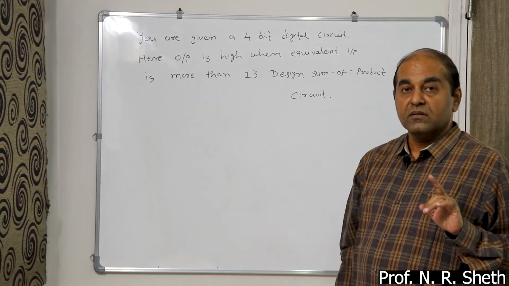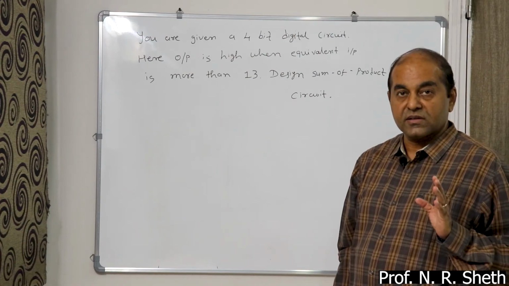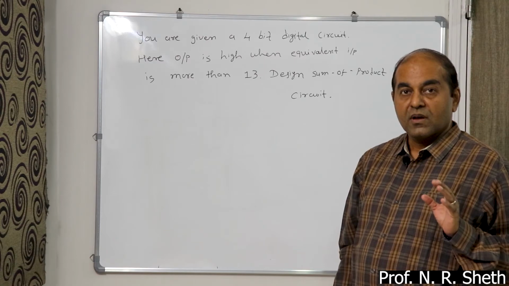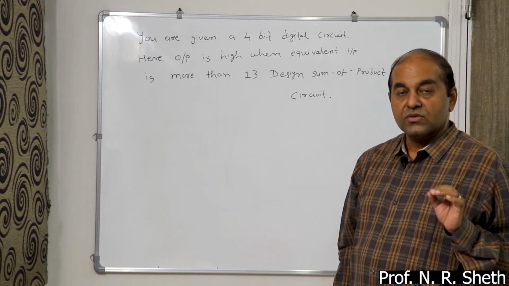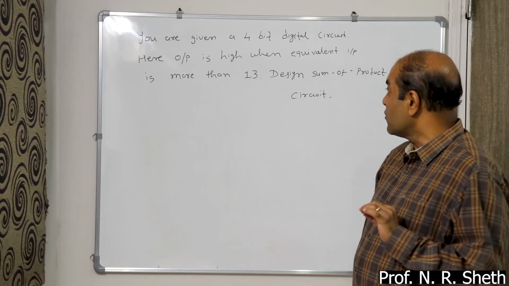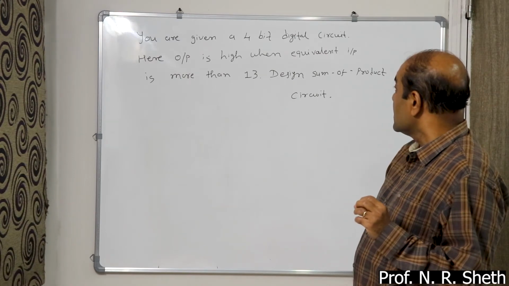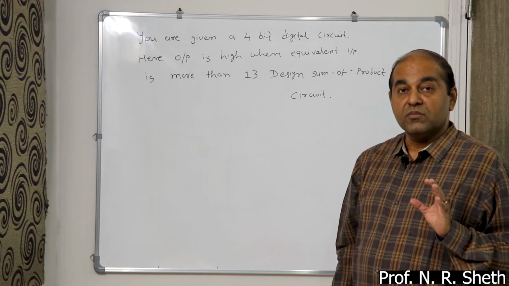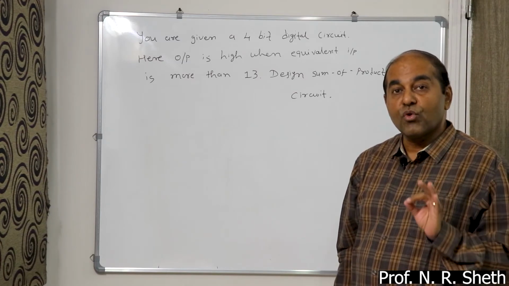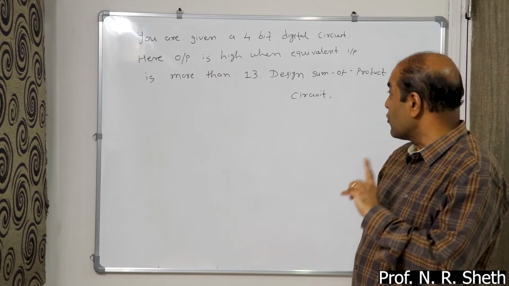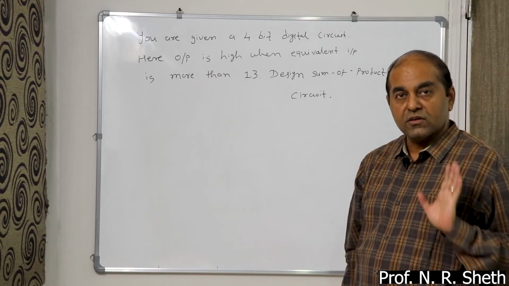See, we have 16 different cases, 0 to 15. Now, when the question is in this order, it is more than 13 means only number 14 and 15. Only for the 2 cases output is high, otherwise low.